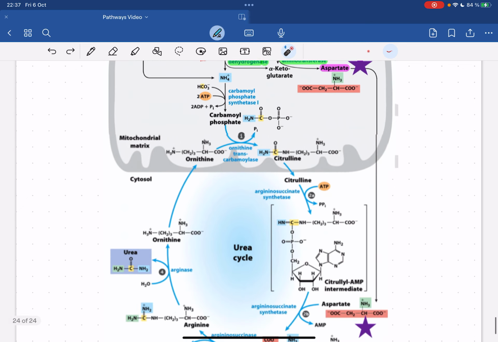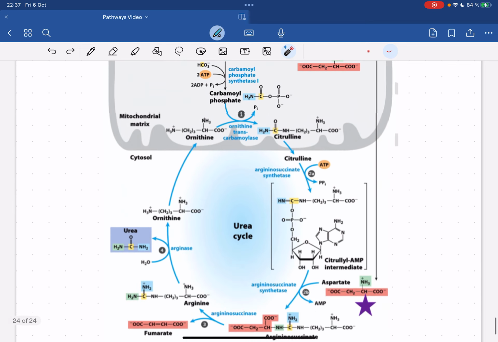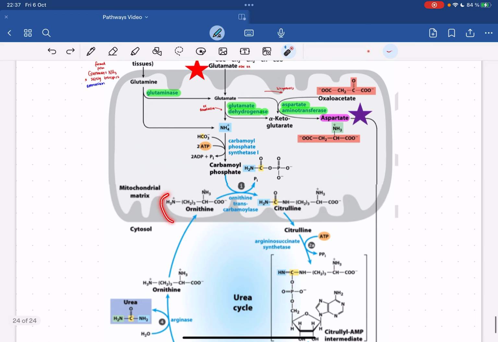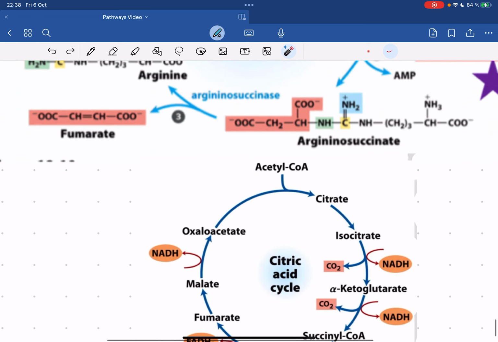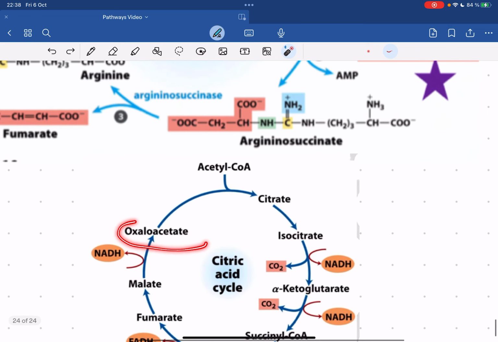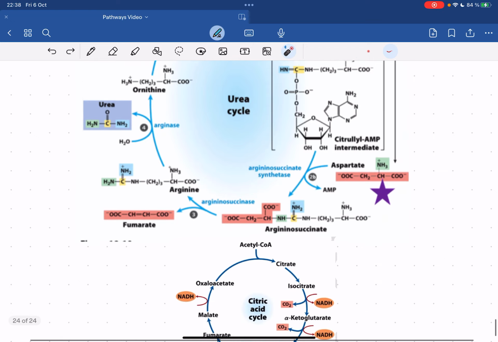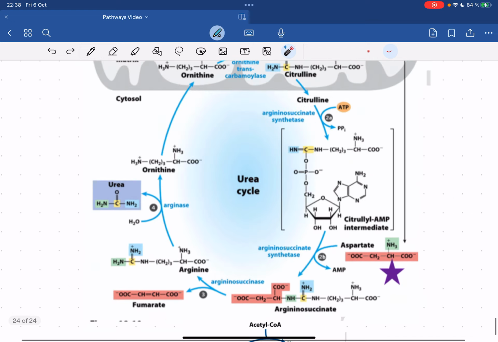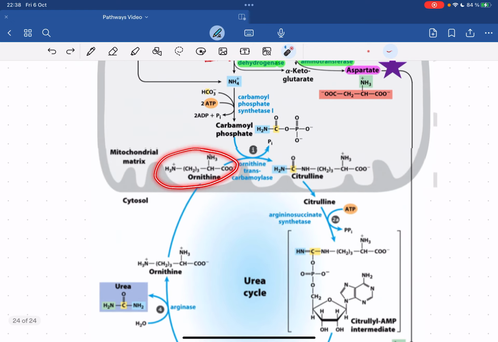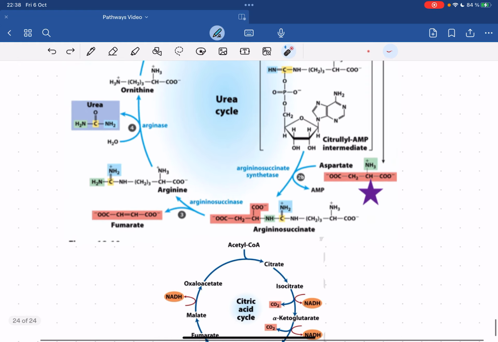Now, ornithine is sort of created by arginine, but I would equate it best with oxaloacetate right here. Remember that oxaloacetate reacts with acetyl-CoA in order to create citrate? Well, in this case, you can compare oxaloacetate with ornithine. It also starts with the same letter, so it's easier.